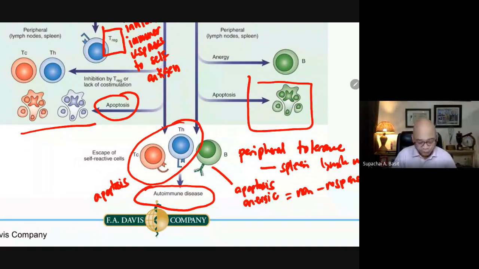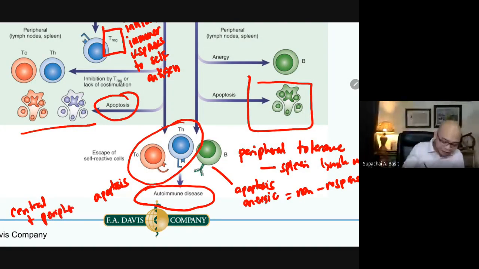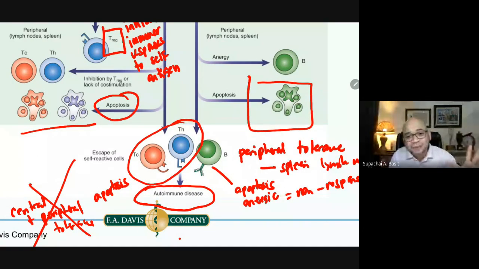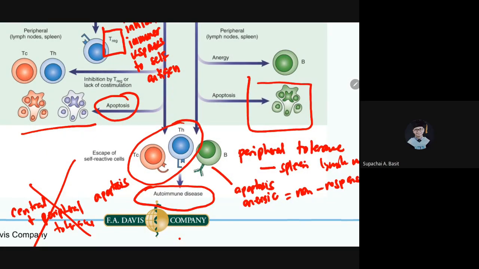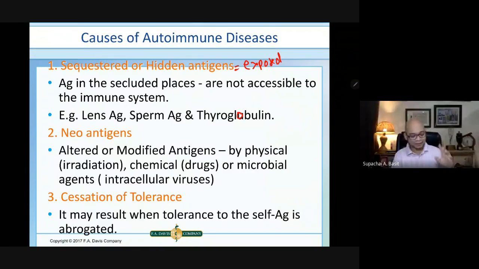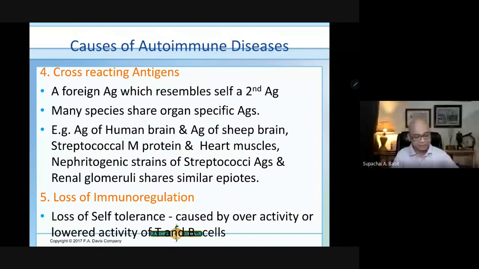So why do you think autoimmune disease takes place? Because the central and peripheral tolerance fail. For some individuals, the peripheral and central tolerance fail. This is where we get autoimmune disease. So that is the third cause of autoimmune disease.